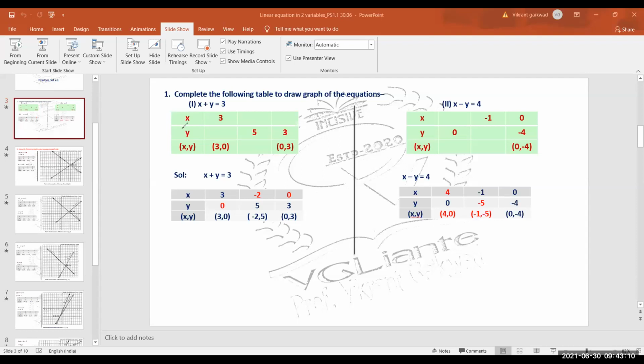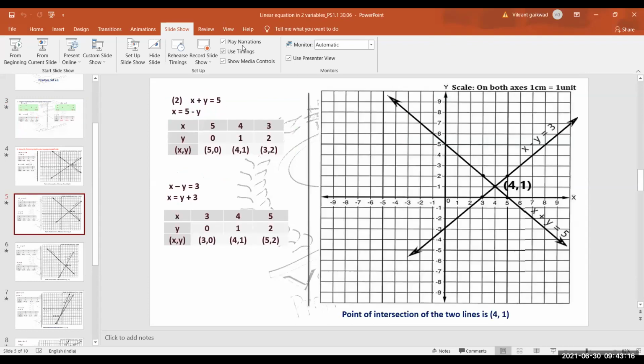Okay, second sum and third sum. See, now in the second sum, x plus y equals 5. Here you'll make some changes in the equation. You'll rearrange the equation, so x is 5 minus y. This is your equation after rearrangement, because you want only one variable on one side.